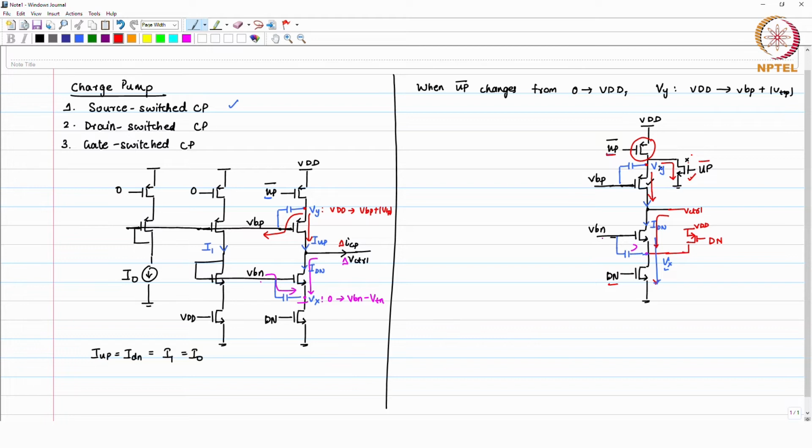The basic idea is, do not allow Vx and Vy nodes to charge or discharge through charge from current source while transitioning from active to inactive state.